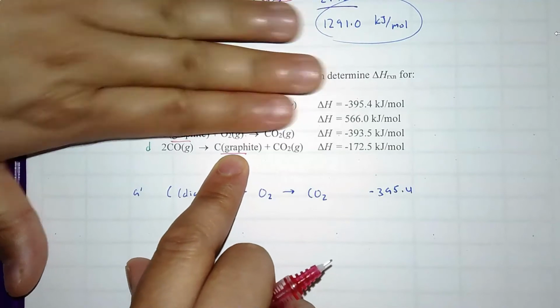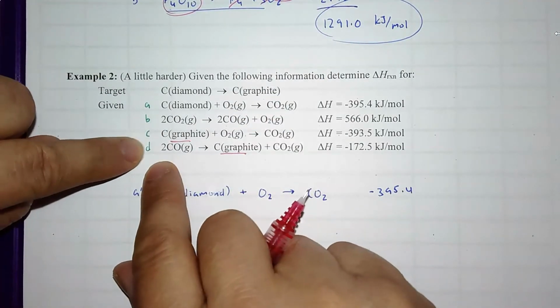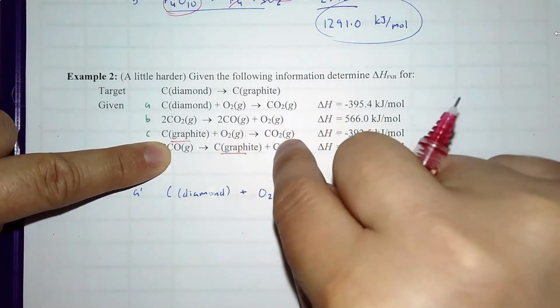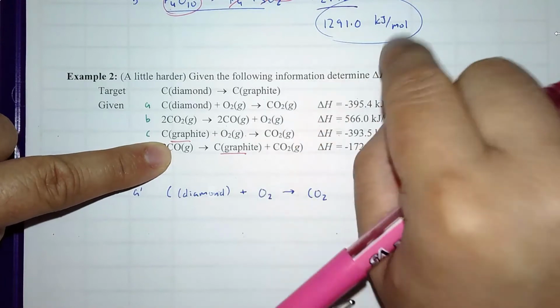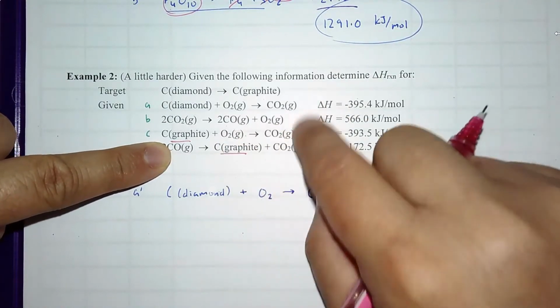Okay. The thing for me is that if I multiply D by 2, I'm going to get 4CO, and I don't know if I could actually cancel out that 4CO. It seems like I would have to do a lot of other manipulations for the other reactions.